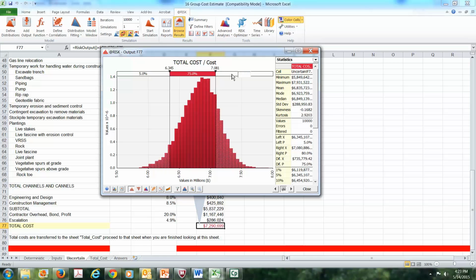If I put a 5% in here, I can now say, notice this 90% here? This is a 90% confidence band. I'm 90% sure that the true cost is going to be somewhere between 6.3 and $7.3 million. So this is why I'm telling you that, to be honest, we got to start saying, I don't know the number.